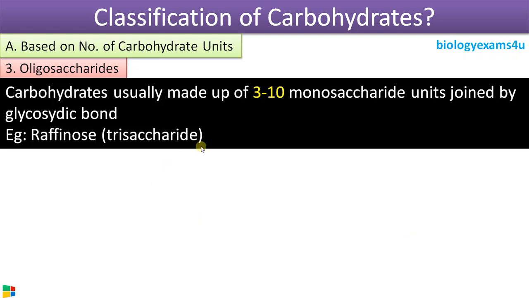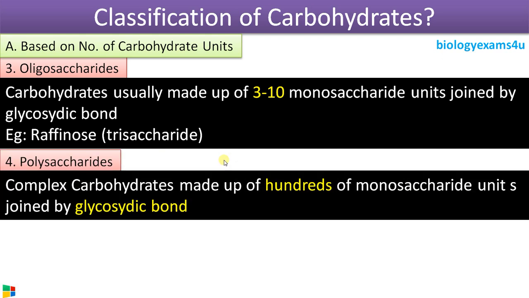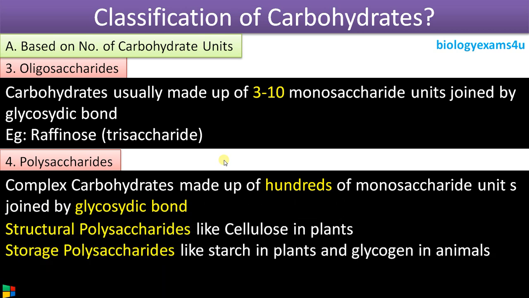Oligosaccharides are carbohydrates usually made up of 3 to 10 monosaccharide units joined by glycosidic bonds. An example is the trisaccharide raffinose, and there are many examples. And finally, polysaccharides, the most complex carbohydrates, made up of hundreds of monosaccharide units connected by glycosidic bonds. Classical examples include cellulose, glycogen, etc.